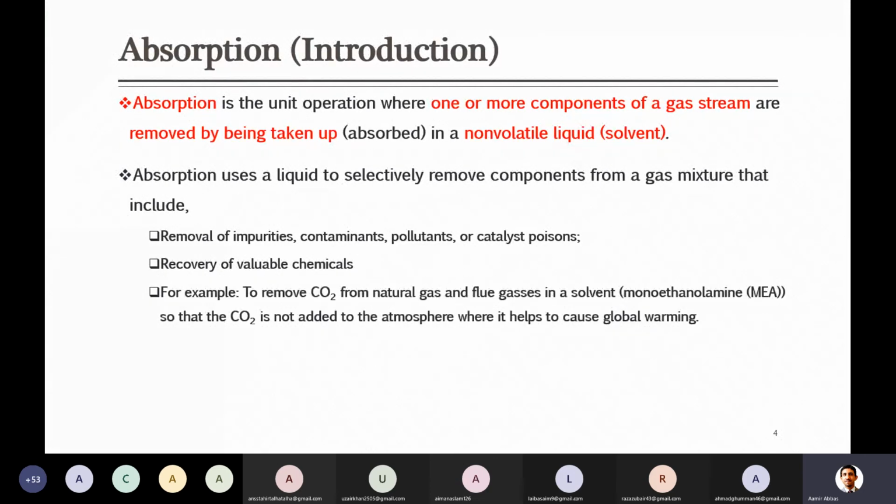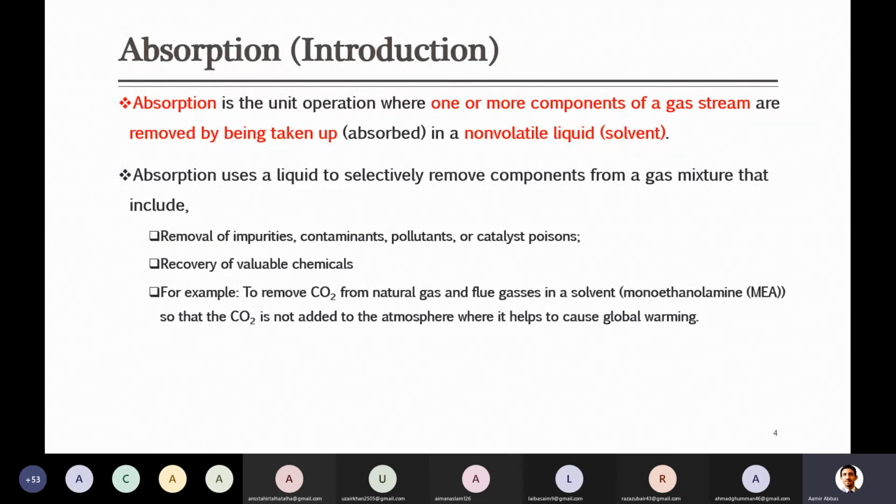The example here is CO2 removal from natural gas and flue gases with the help of a solvent, and the solvent commonly used is called amine solution, monoethanolamine. This is used to absorb CO2 from natural gas as well as from flue gases.